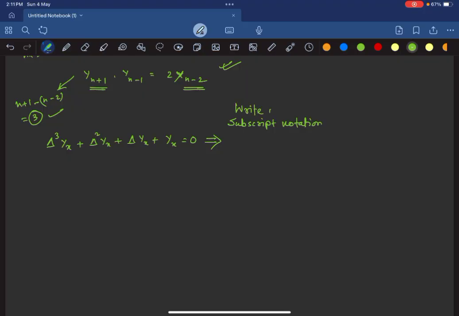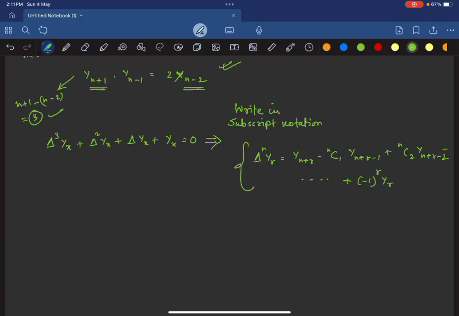The formula that we are going to apply is the previous one: delta power n yr equals y n plus r minus nC1 y n plus r minus 1 plus nC2 y n plus r minus 2 and so on, plus minus 1 power r yr. This formula we are going to apply.